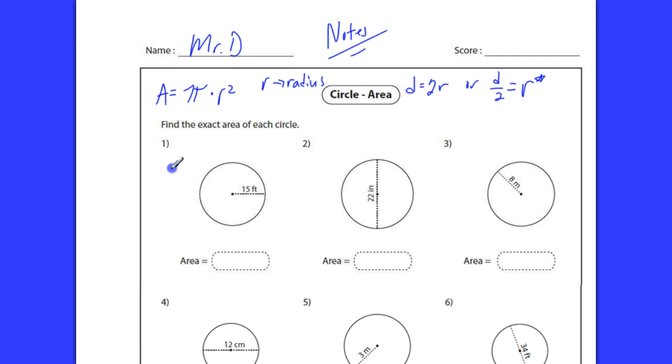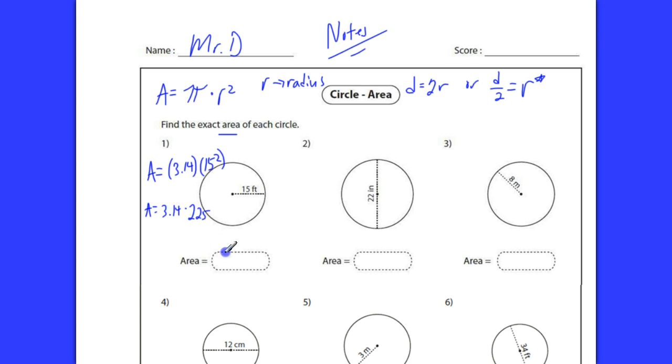Like number 1, let's do that one together here. It says find the exact area of the circle. Even though it says exact, we're going to have to round it off slightly because we're using this 3.14 for pi. So to find the area, we're going to take pi, which is 3.14, times 15 squared. Now 15 squared means 15 times 15, which is 225.